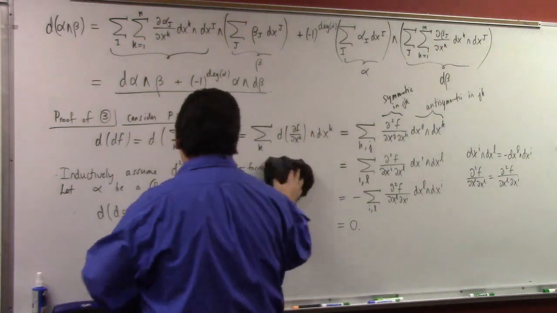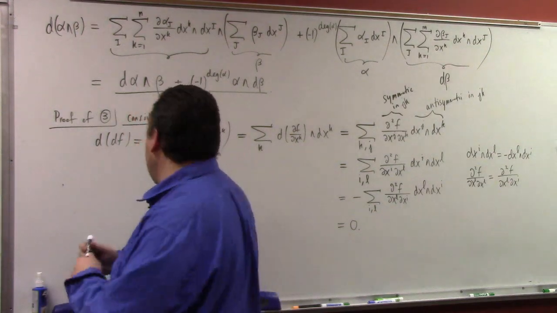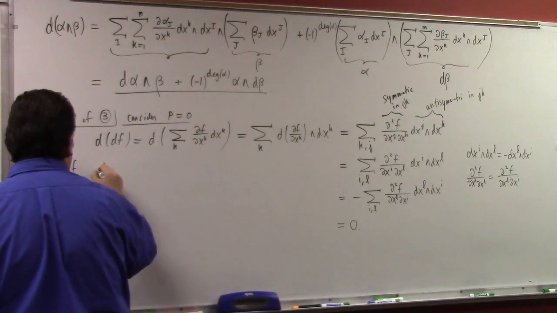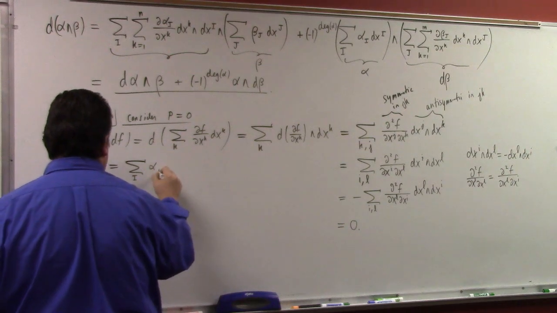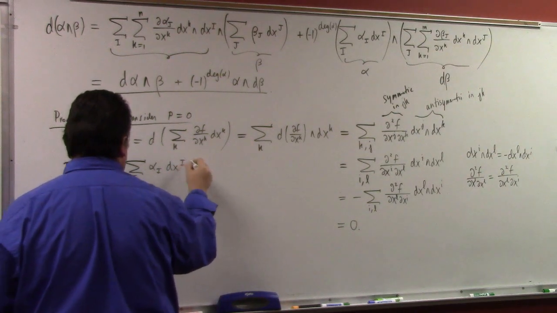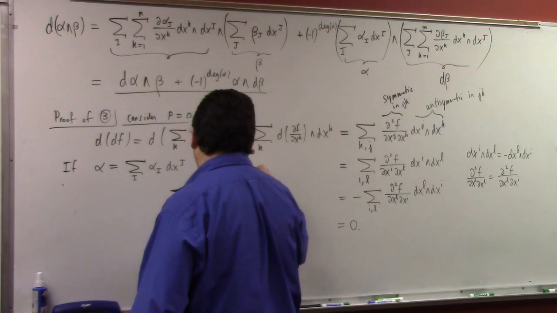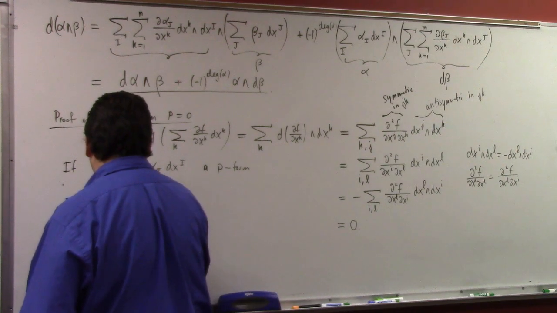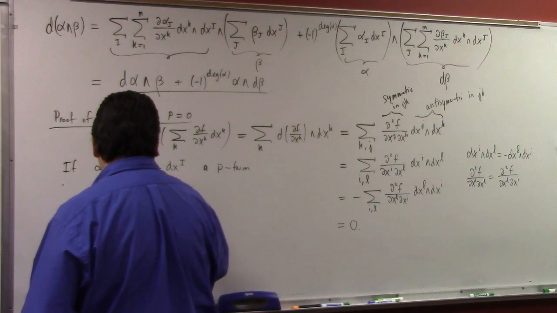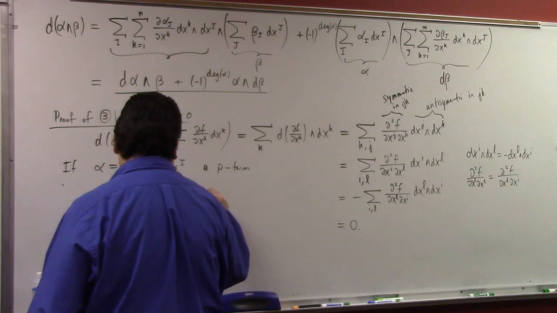So if we have a p-form, sum over I of alpha I dxi, a p-form, then d alpha is equal to, of course, the sum over I of d alpha I wedge dxi.